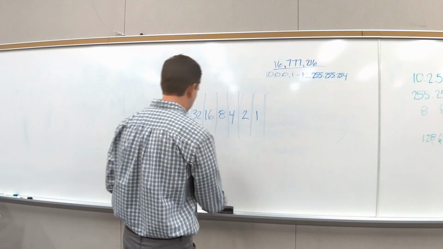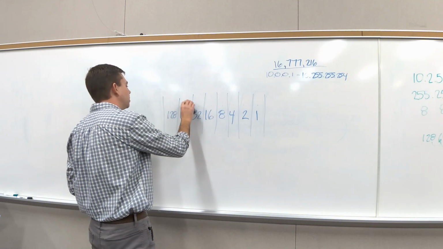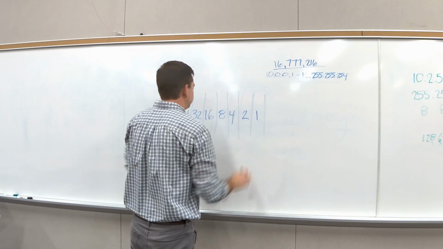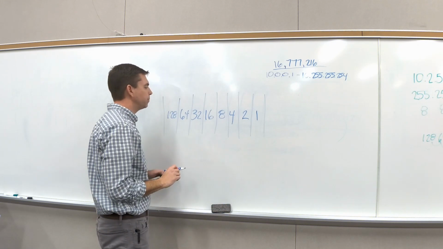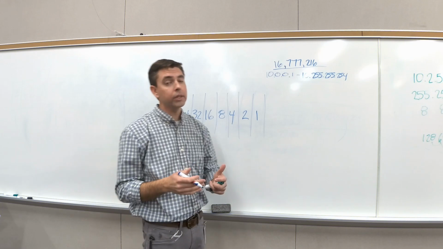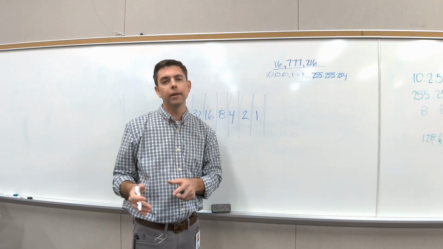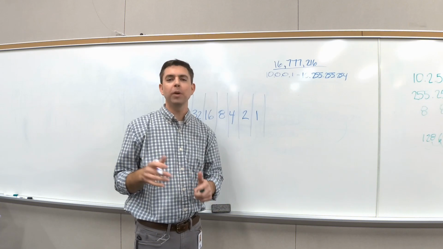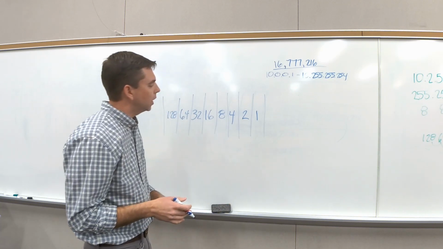So an IP address, subnet mask, etc. Done. So an IPv4 IP address is a 32-bit IP address. It uses a 32-bit range. And what do I mean by that?